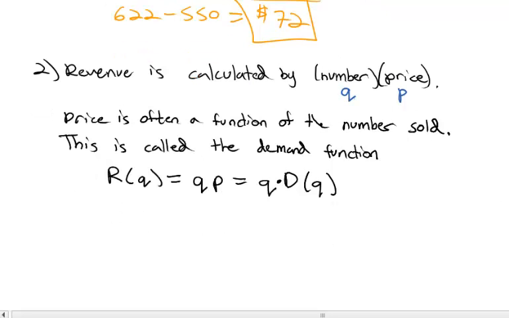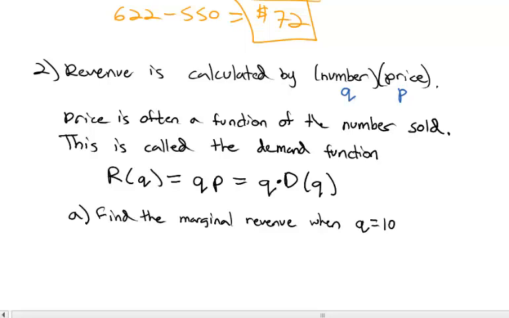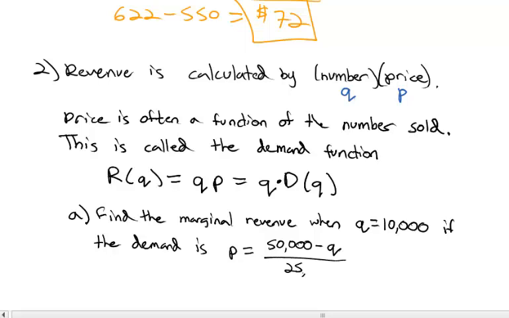So, for example, we can find the marginal revenue when Q equals 10,000 items, if the demand is P equals 50,000 minus Q over 25,000.